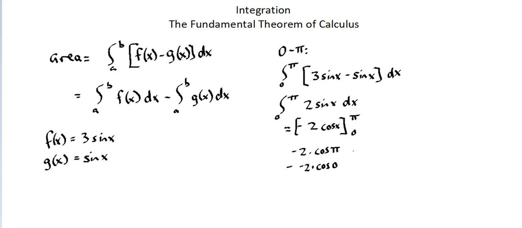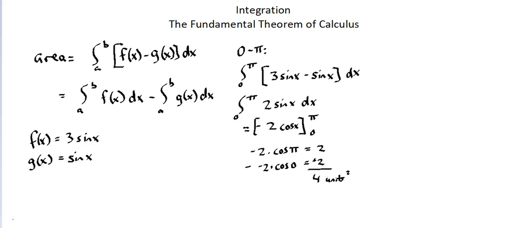Cosine of pi is negative 1 times negative 2 is positive 2, minus negative 2 times cosine 0. Cosine of 0 is 1 times negative 2 is negative 2, minus negative 2 is plus 2. So I'm adding 2 to get 2 plus 2 is 4 units squared. The area between the curves 3 sine x and sine x from 0 to pi is 4 units squared.